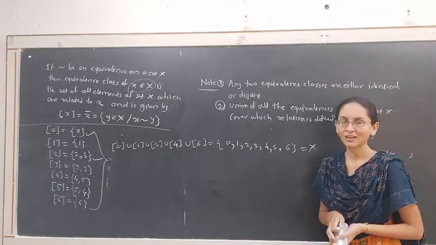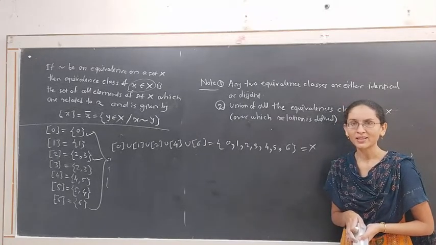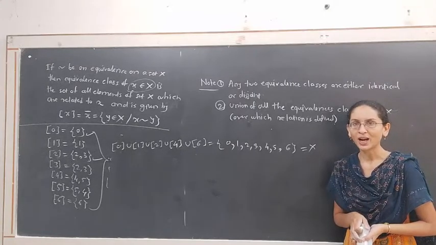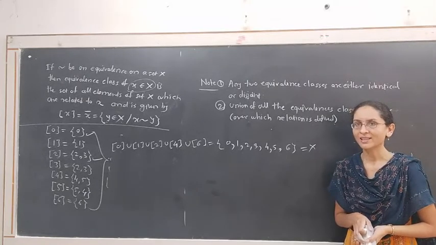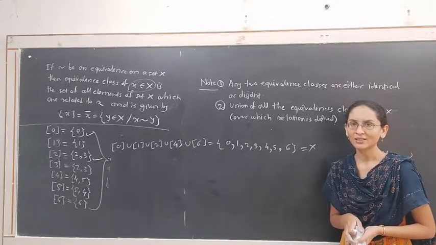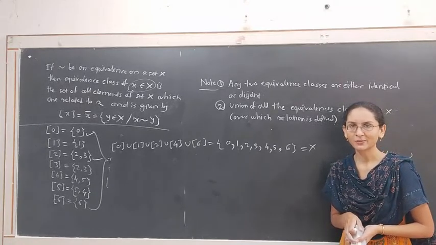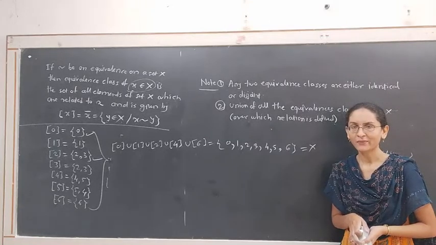What is meant by equivalence relation? The relation R is an equivalence relation on a non-empty set X if it is reflexive, transitive and symmetric. Then we say that R is an equivalence relation. If it is an equivalence relation, then we find equivalence classes of each element of set X by considering all those elements of X which are related to that element.